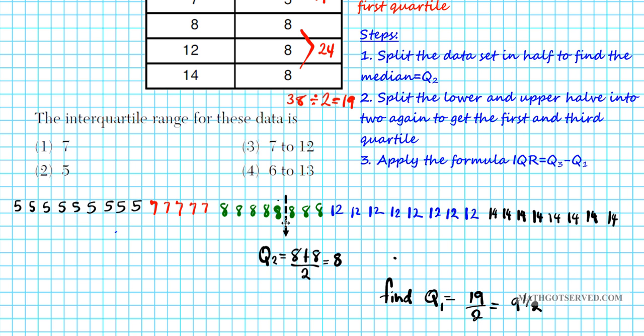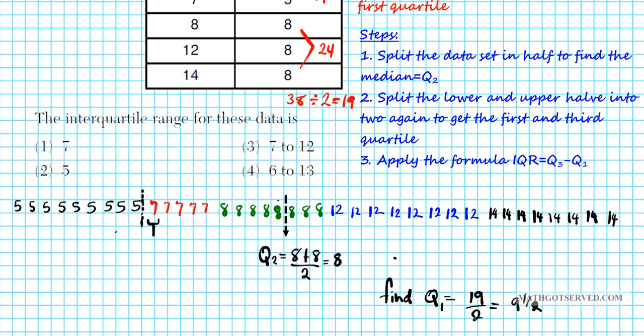So the median in the lower half is actually the first quartile, okay? So let's go ahead and count. We have 1, 2, 3, 4, 5, 6, 7, 8, 9. All right, so break it up right here. And this number is going to be our first quartile.